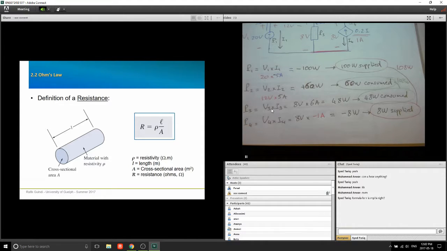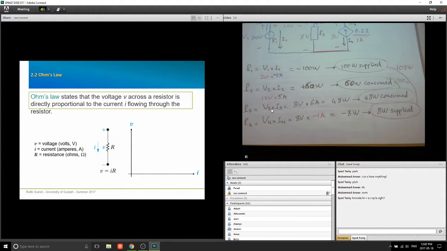So Ohm's law. Ohm is an individual. So I said V is proportional to I. But which V and which I and across which element?